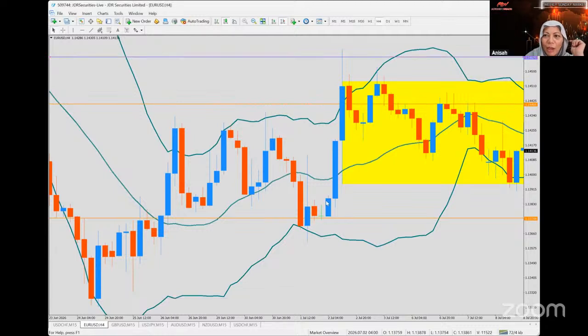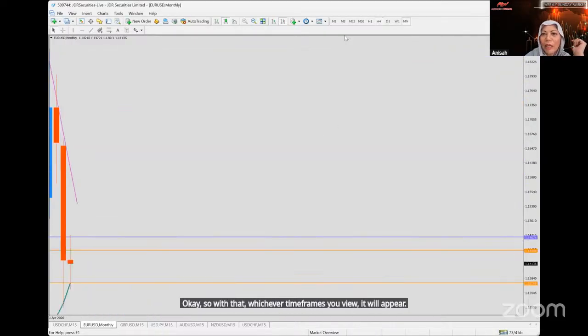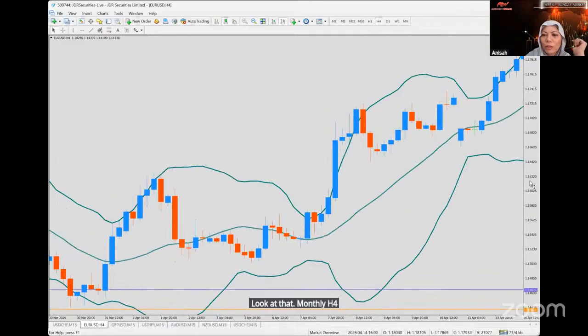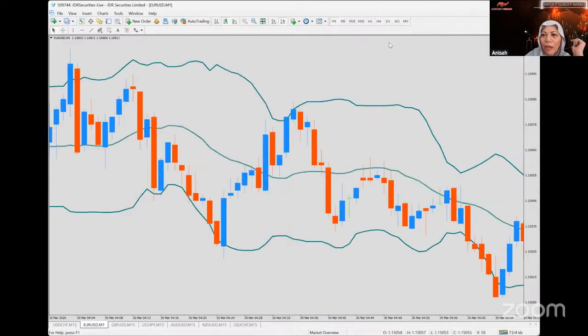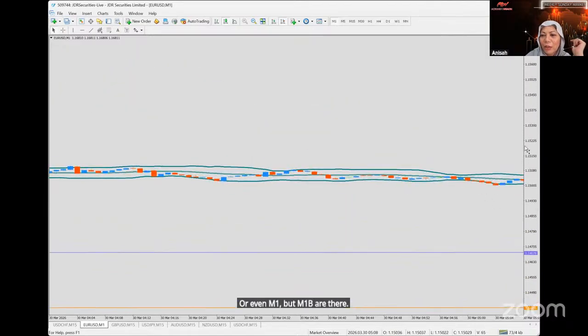So with that, whichever time frame you view, it will appear. Look at that, monthly, H4, or even M1. So that's what the orange line is for. Okay, Ray?